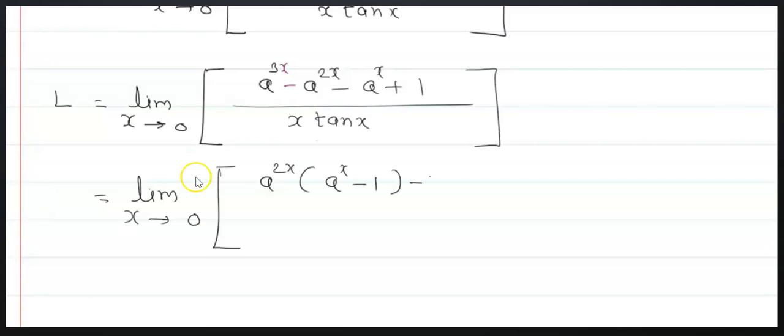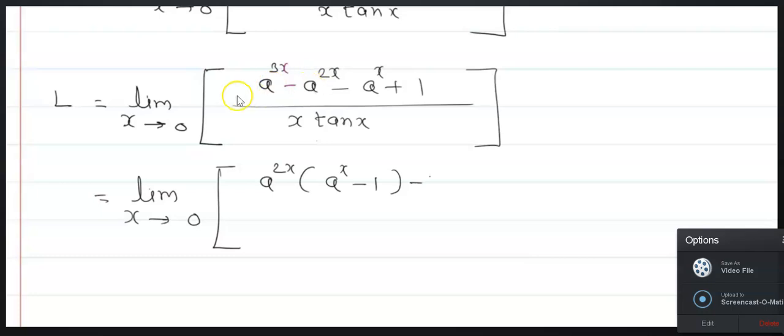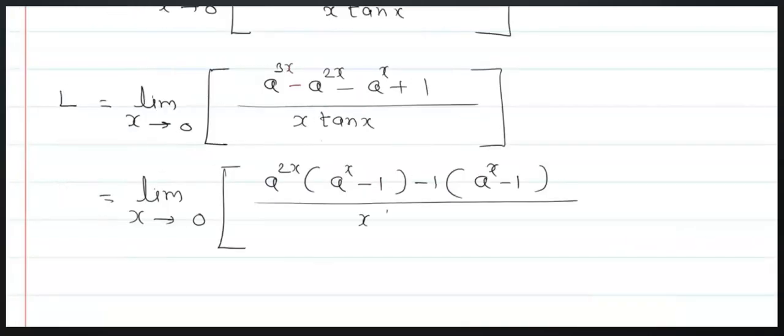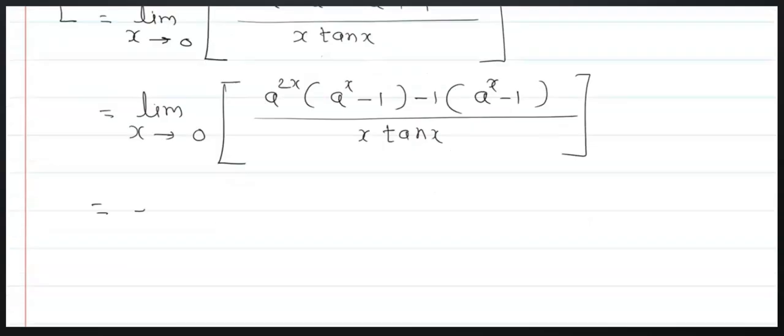Take a raised to 2x common from these first two terms. Then you will get a raised to 2x in bracket a raised to x minus 1, and minus sign common from these two. That is minus 1 in bracket a raised to x minus 1, upon x tan x.